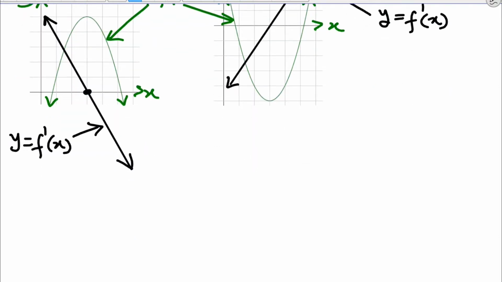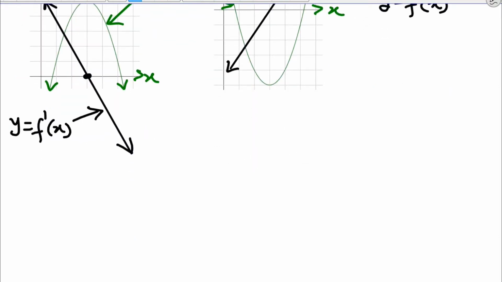Let's look at some key points that will help us gain an even deeper understanding of what's really happening here. On the left, what we notice is that as we move across from left to right, the gradient of the slope is decreasing. You can see the slope of this straight line is decreasing, from positive to negative.